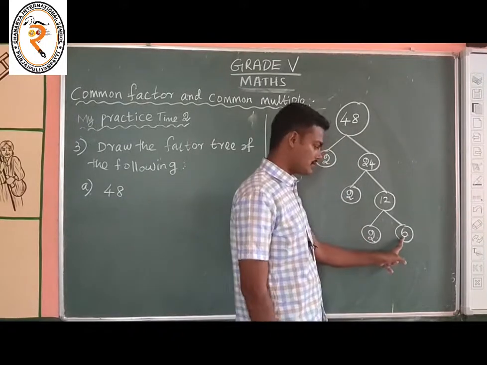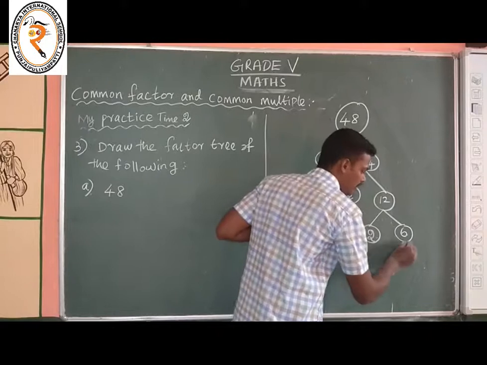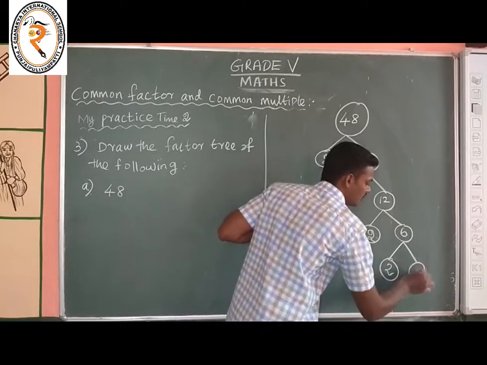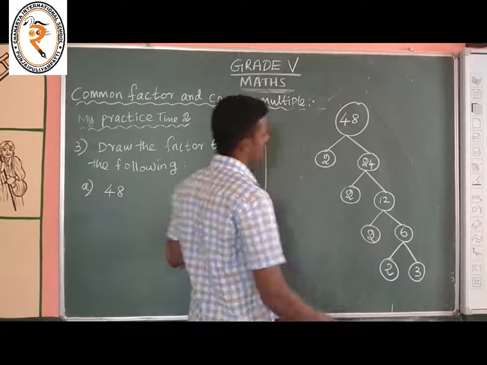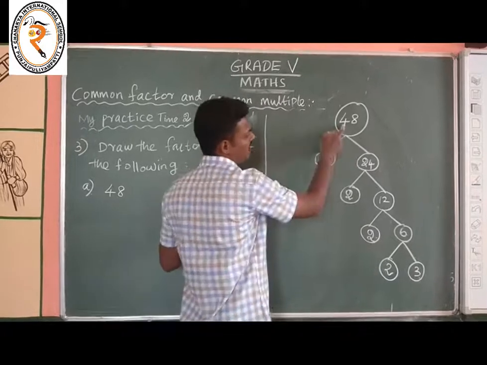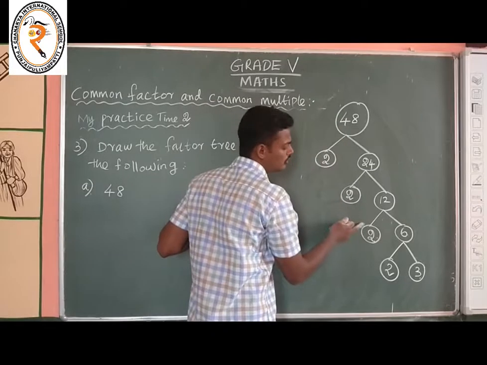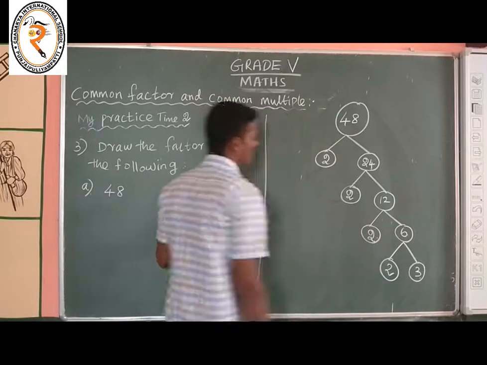Next we do 6. 6 split in the second table. 2 3s are 6. Therefore, 48 by the prime factorization method is 2 into 2 into 2 into 2 into 3. 4 times 2 comes.